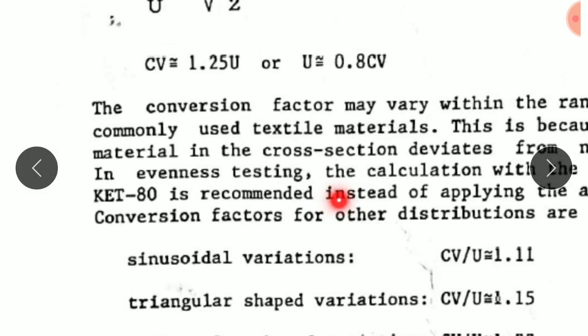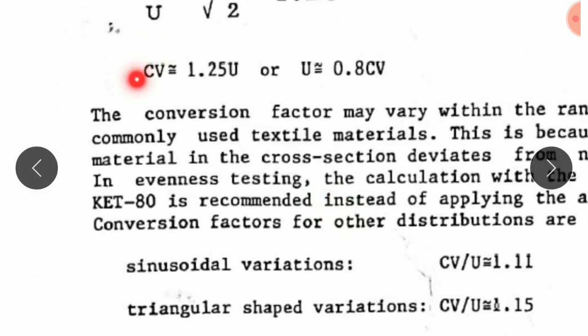So remember, if the deviations are randomly distributed, in that case CV is 1.25 times the value of the U percent.